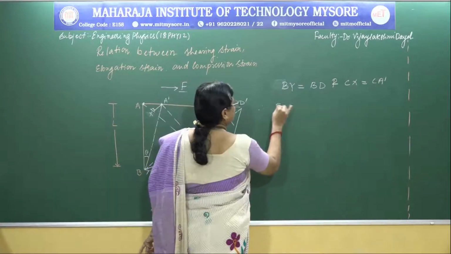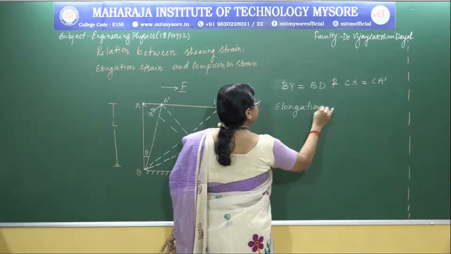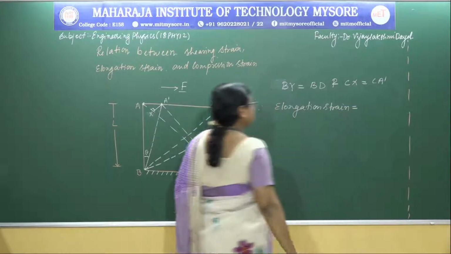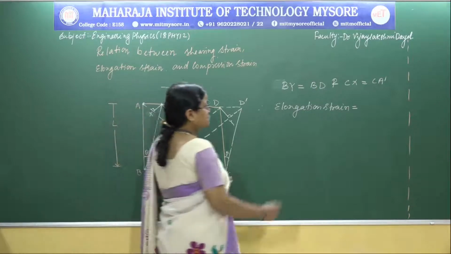So therefore if we calculate the elongation strain, we know that strain is the change in the dimension by the original dimension.